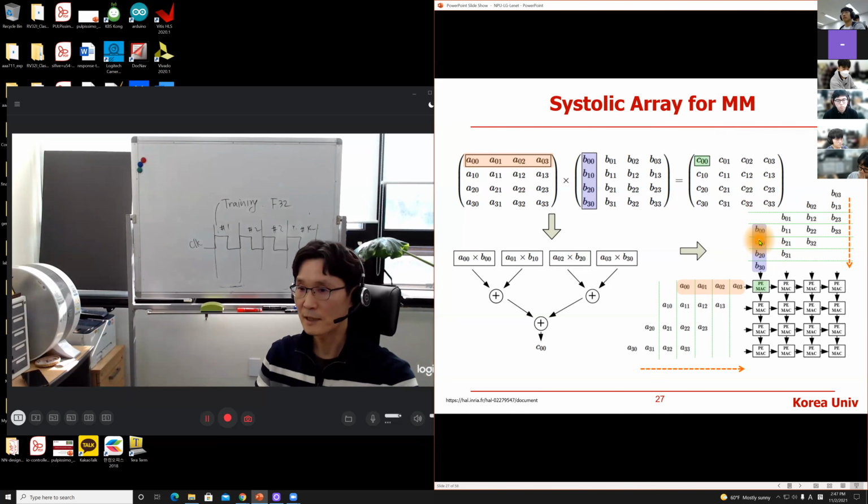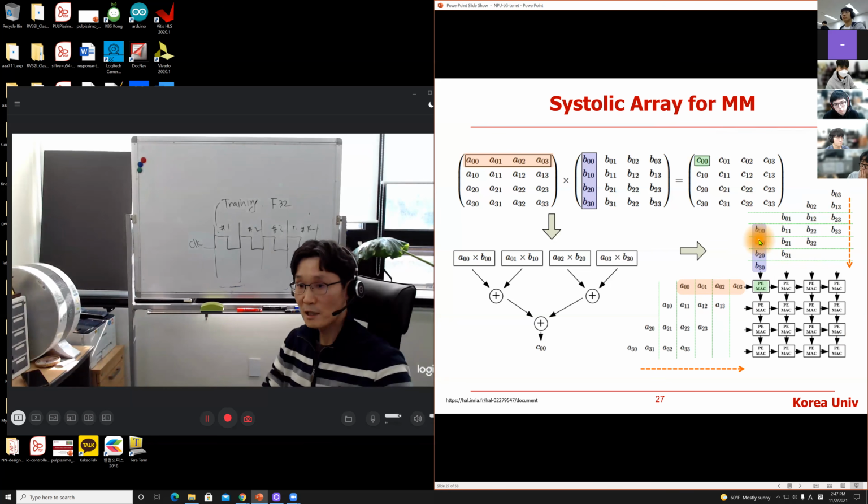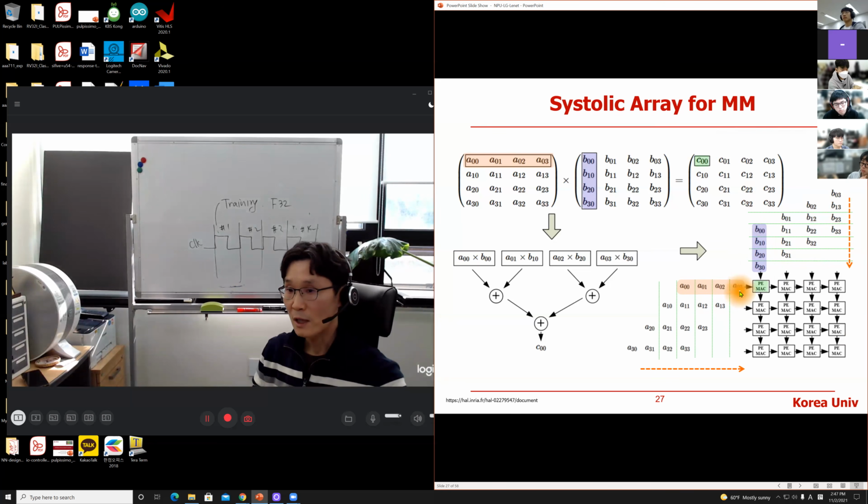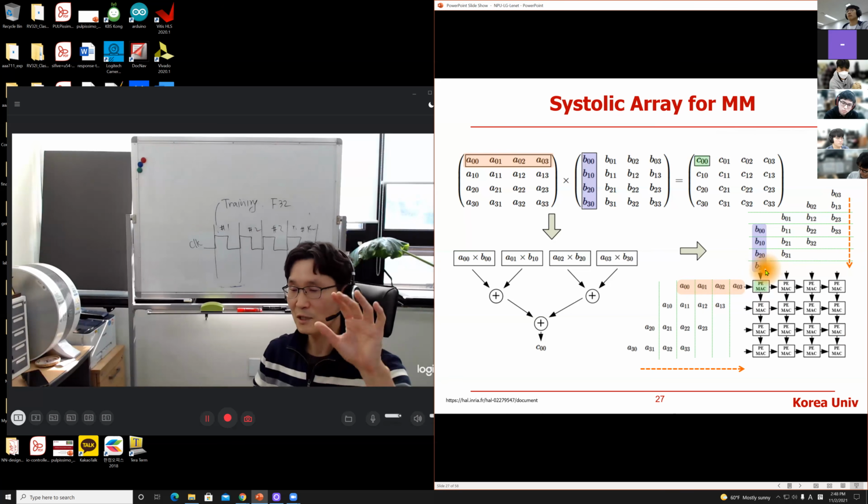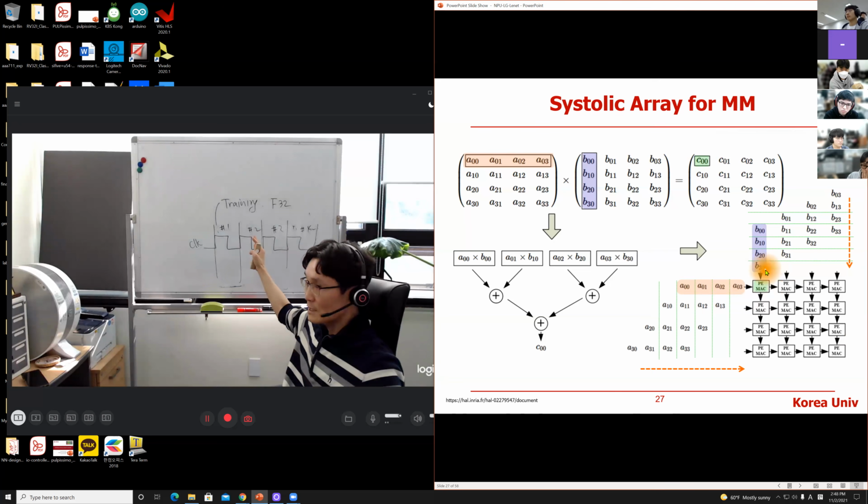In clock cycle number 2, A03 is moving to the second MAC, and A02 is coming into the first PE. It's a little confusing, so you can draw the data movement according to the clock cycle.